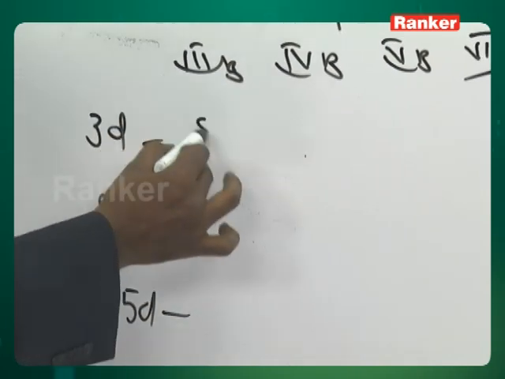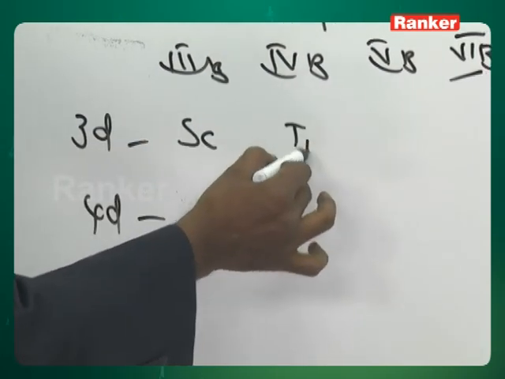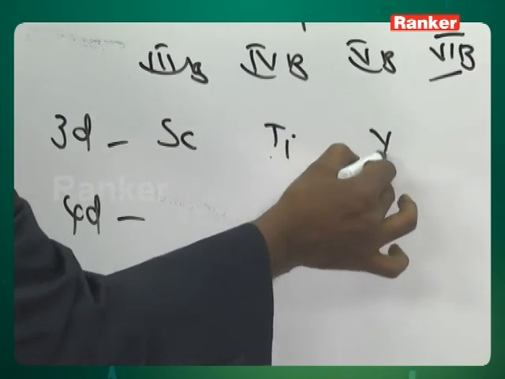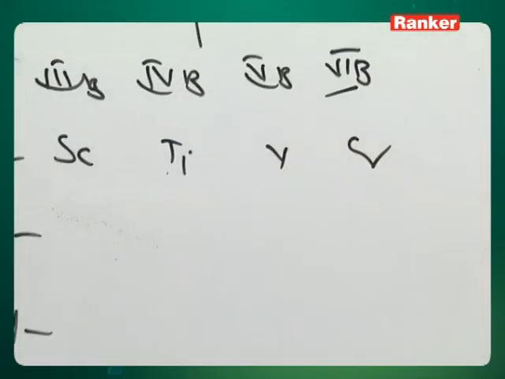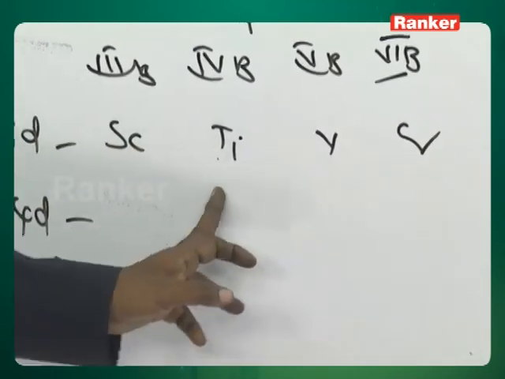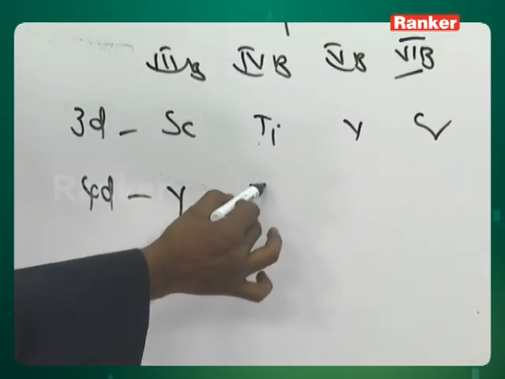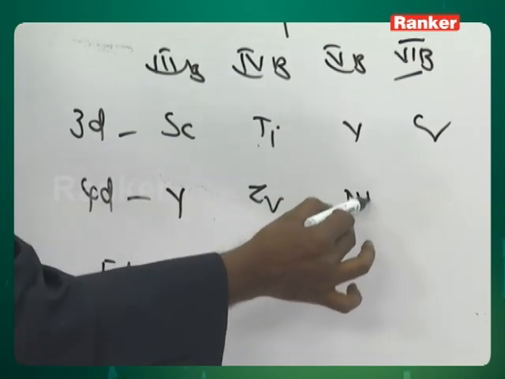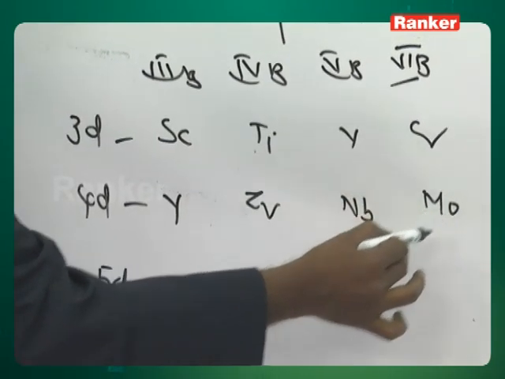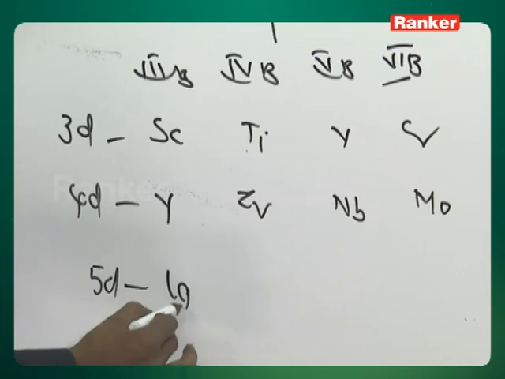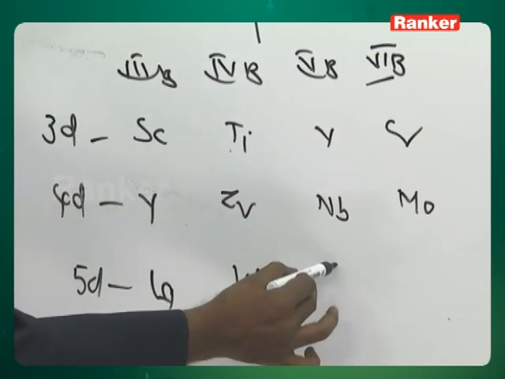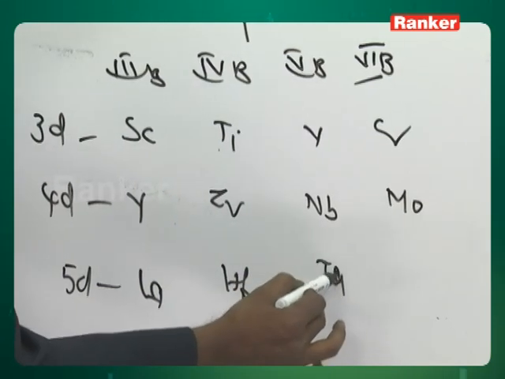Here we have scandium, titanium, vanadium and chromium. Similarly, you can take yttrium, zirconium, niobium and molybdenum. Then you can take lanthanum, hafnium, tantalum and tungsten.